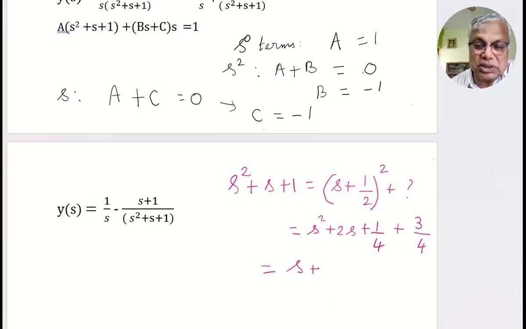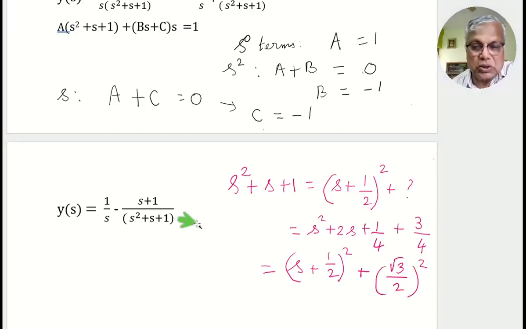So it is S plus half whole square plus this is what? Root 3 by 2 whole square. So this S square plus S plus 1 can be written as sum of two squares, S plus half whole square plus root 3 by 2 whole square.